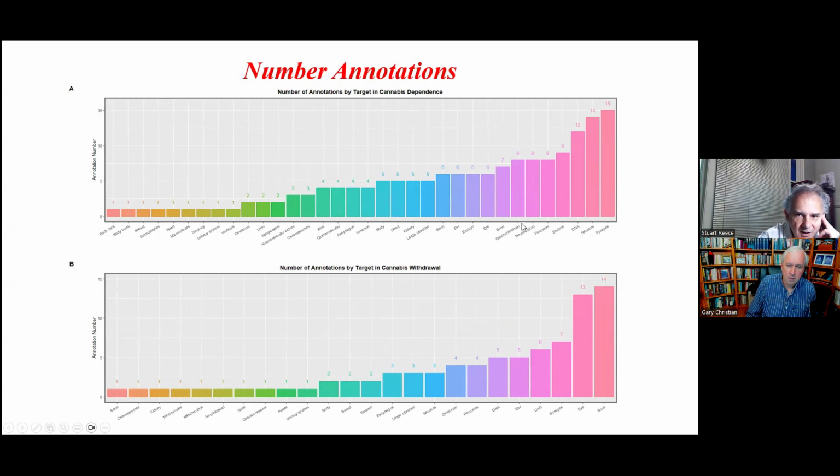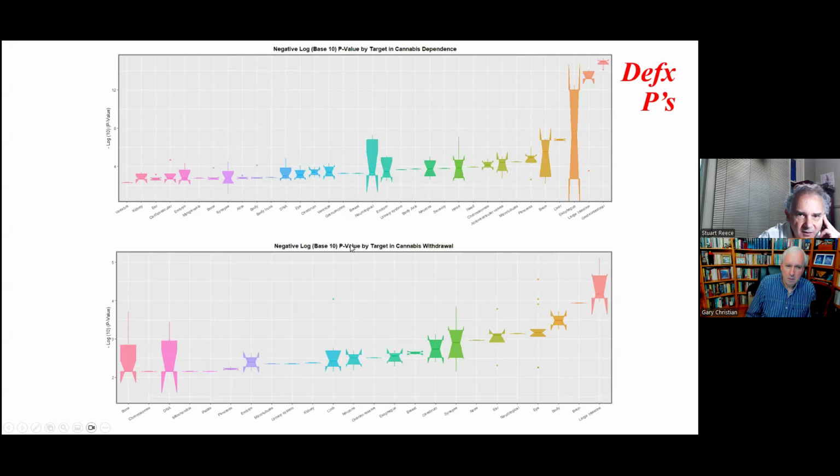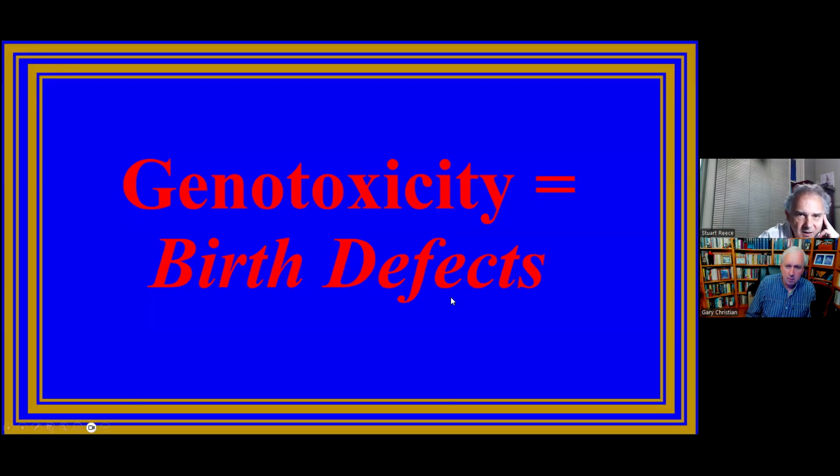You can see it's lower in cannabis withdrawal, but still highly significant. This is the gene numbers affected, again lower in cannabis withdrawal, but still very significant. And these are the negative log p-values in cannabis withdrawal. So it is better in withdrawal, but still highly significant.